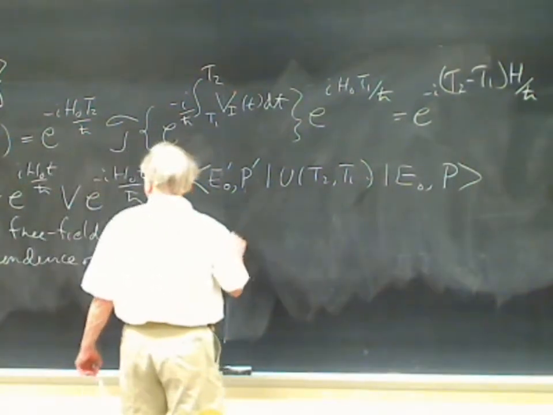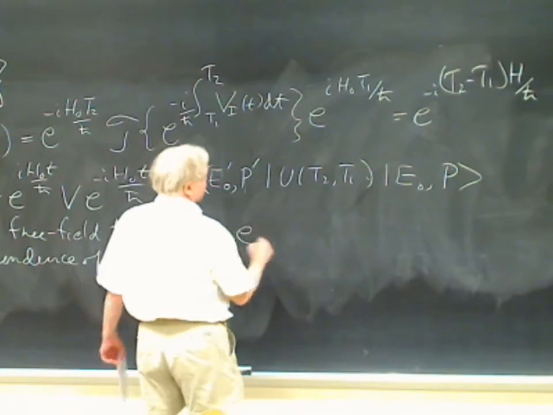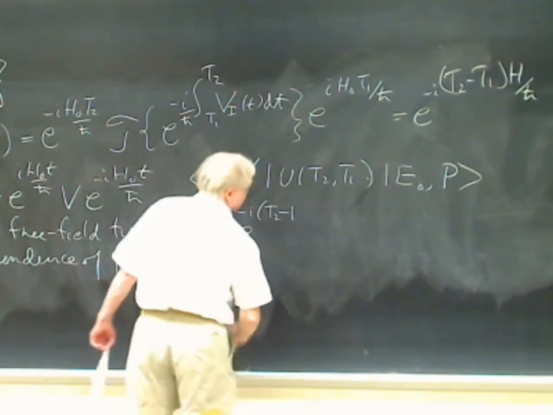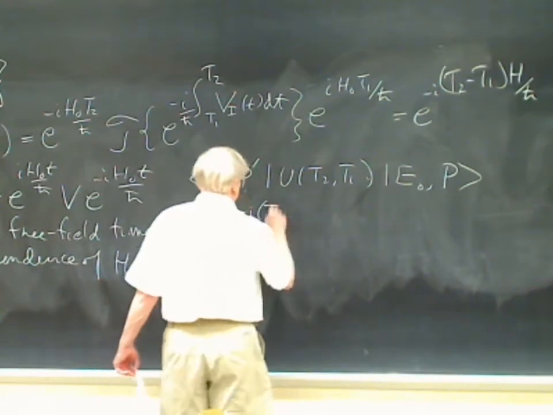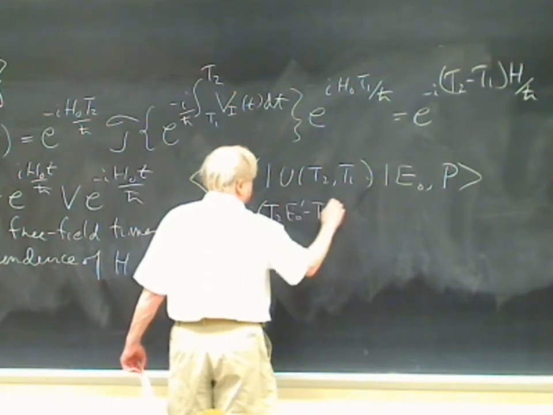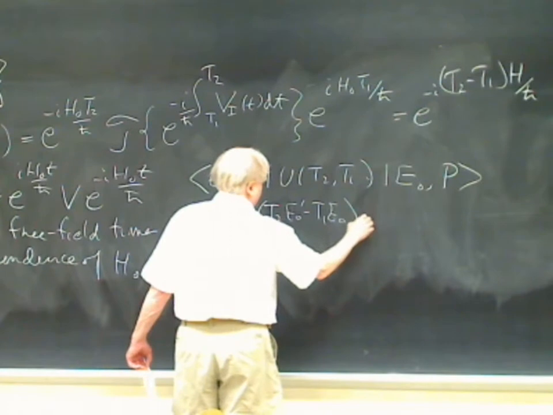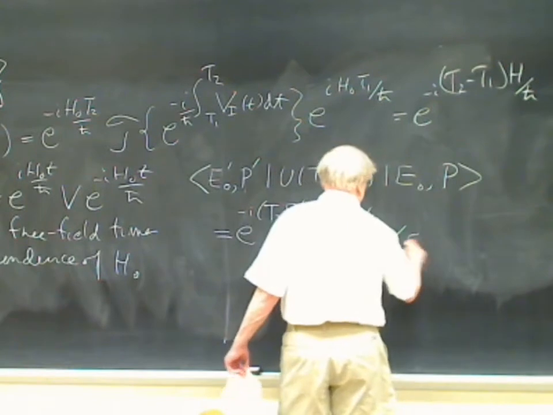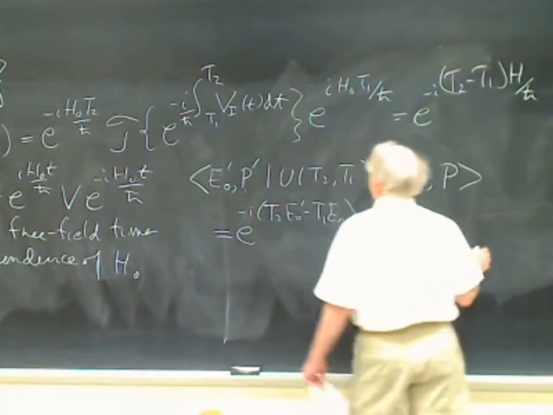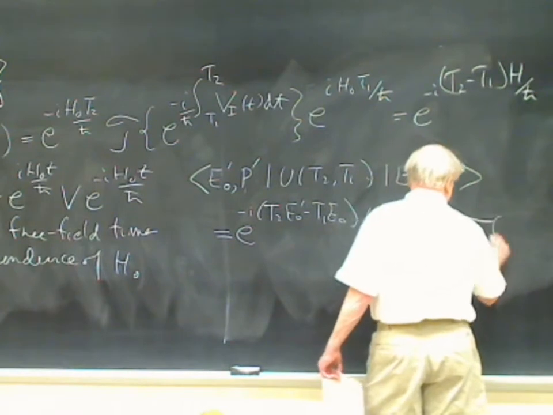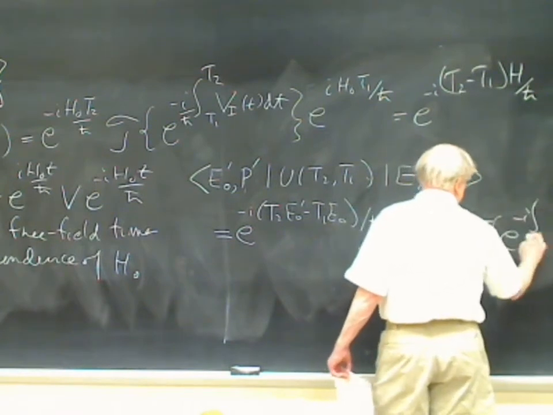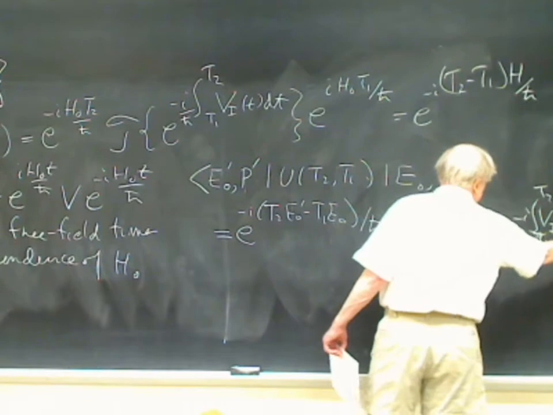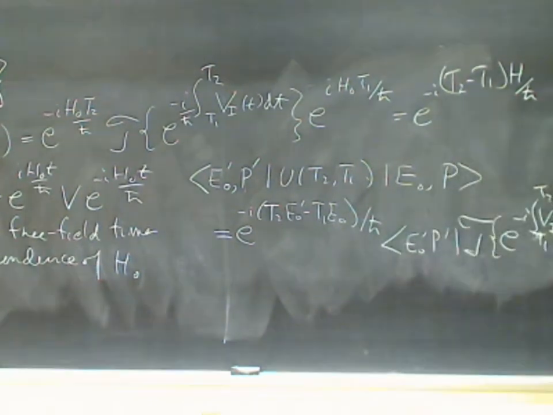These just then produce phase factors, e to the minus i (t2 E0 prime minus t1 E0) over h bar, times the matrix element between E0 prime, p prime and E0, p of the time-ordered product of e to the minus i integral from t1 to t2 of V_I(t) dt.